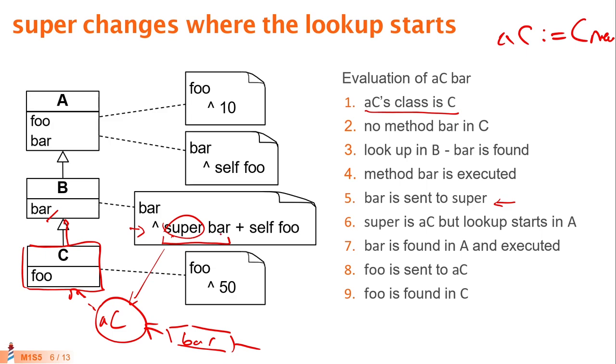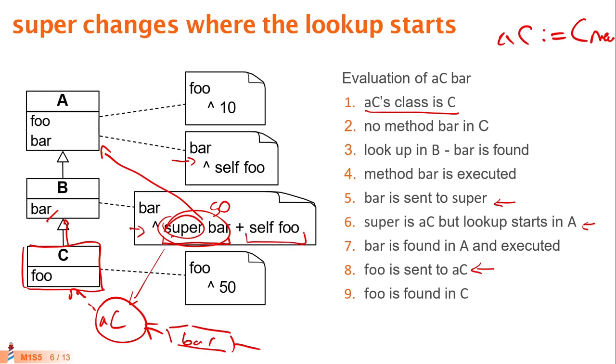We are going to send the message bar to the object C, but we are going to start the method lookup in A. We find the method bar in A as it is defined in here. We execute self foo, sent to the instance of C. And sending the message foo to the instance of C results in 50. That means that this one values 50.